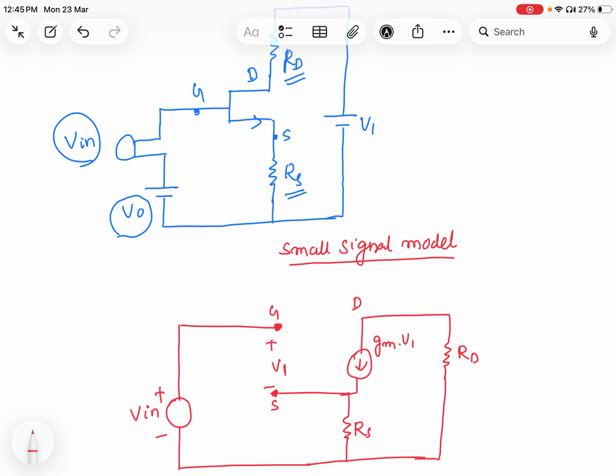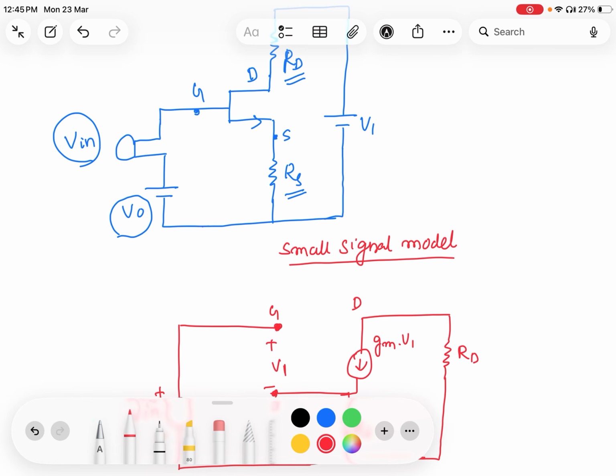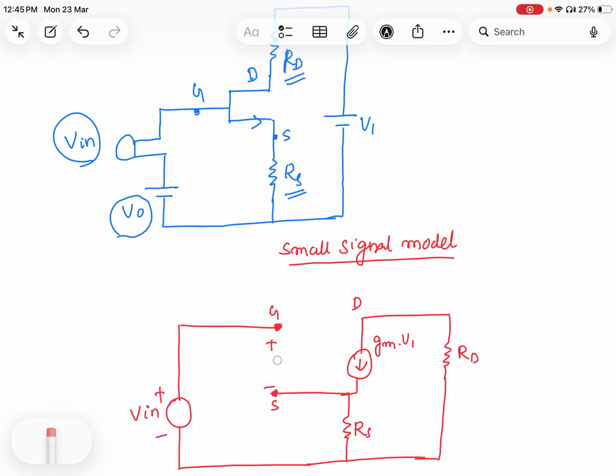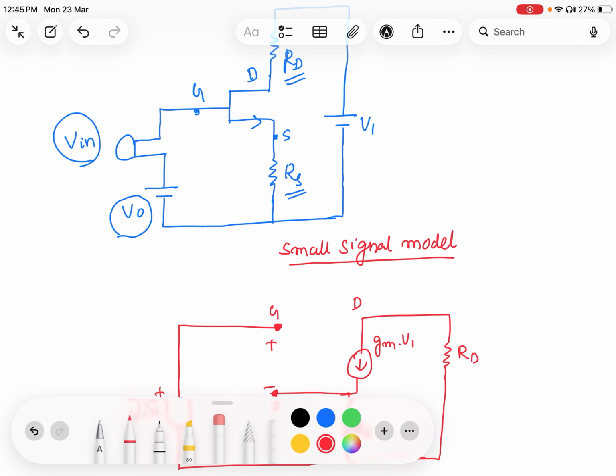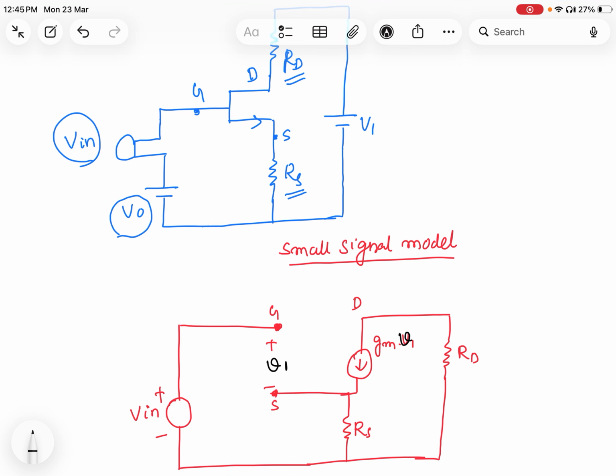Let this symbol be different. So whatever is the voltage difference between gate and source, let this be your V1, and RS.